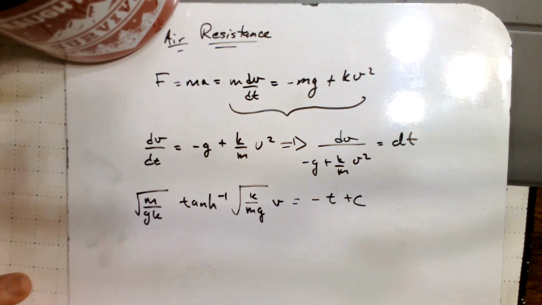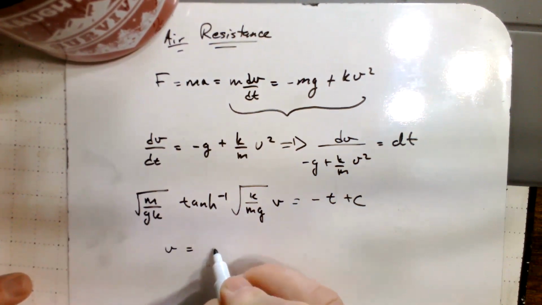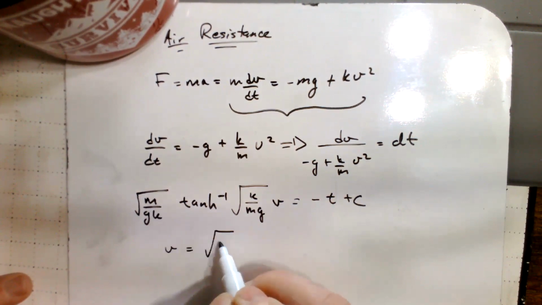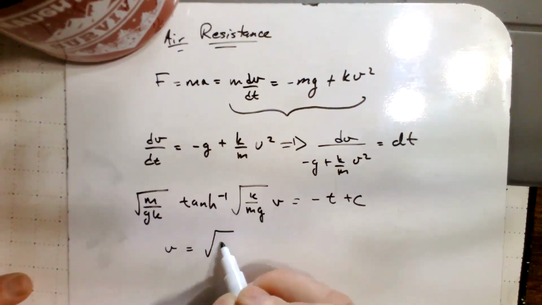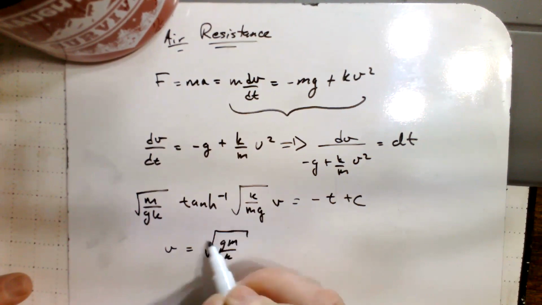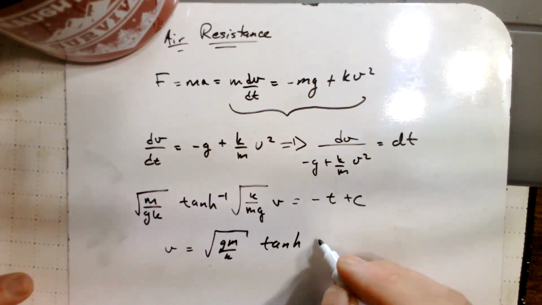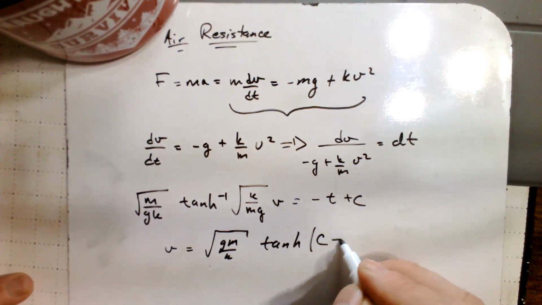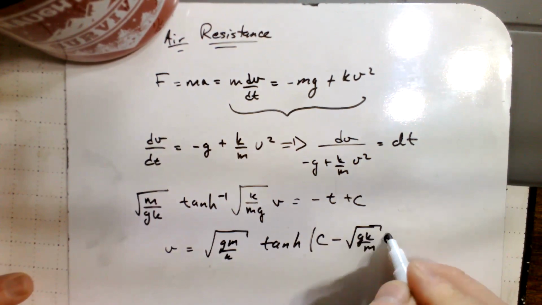In doing so, we get v is equal to the square root of g m over k, that is the inverse of this, times the tanh function, with the argument being a new constant, let's call it c, another c, minus the square root of g k over m times t.